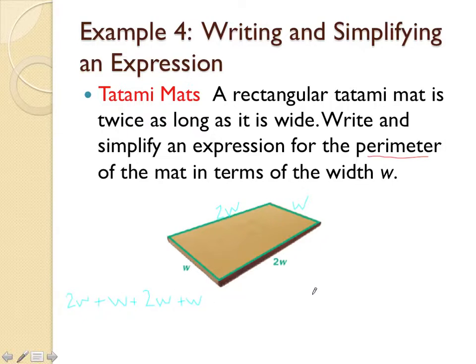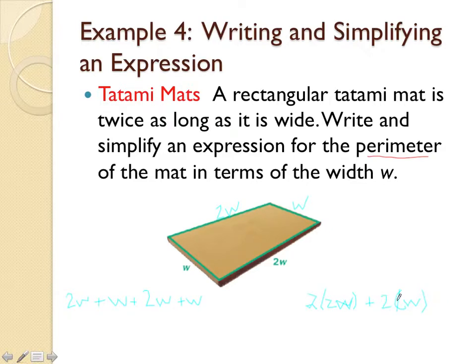Another way we could write our expression is to say 2 times the length, here's the length, because I have 2 of them, 2 times the length, which is 2W, plus 2 times the width, because I have 2 widths, which is just W. So either way you could write the expression and end up with the same answer.